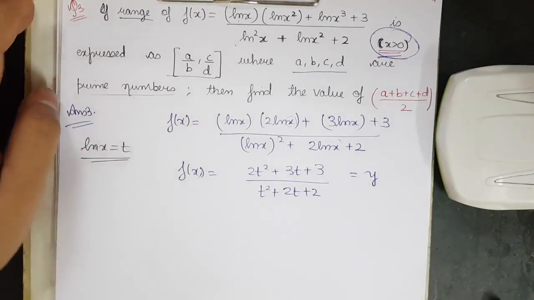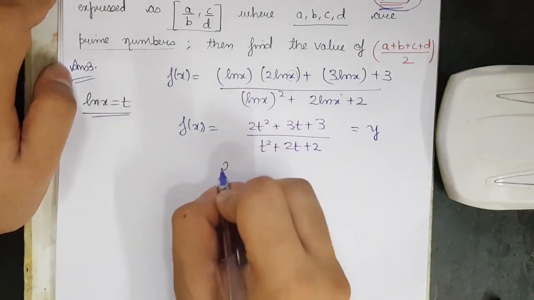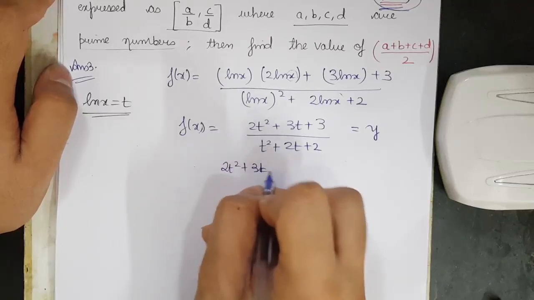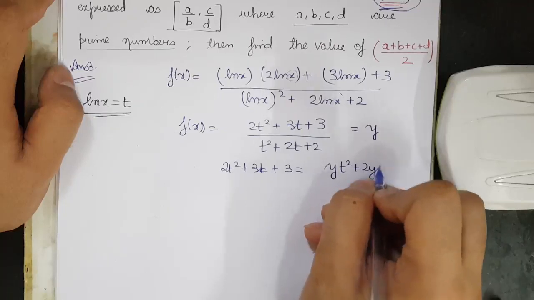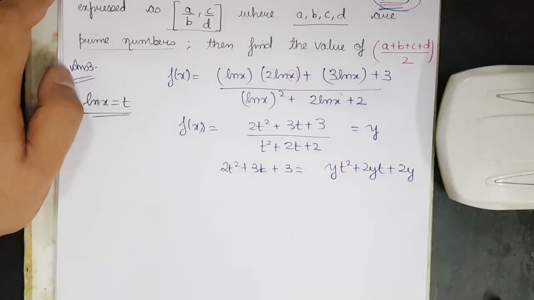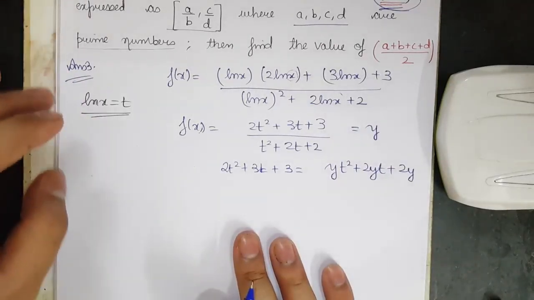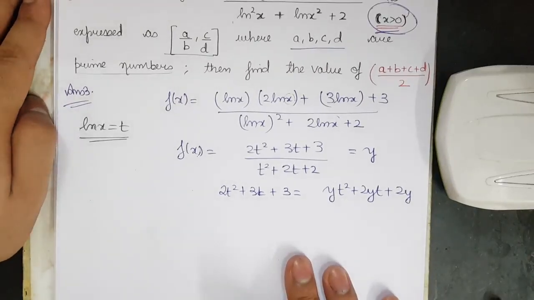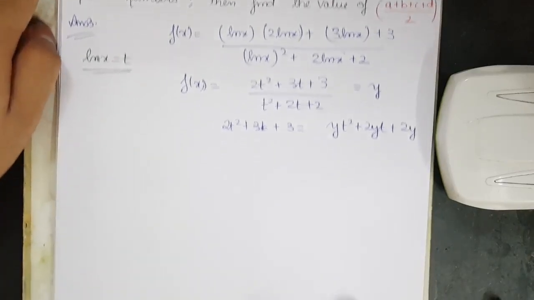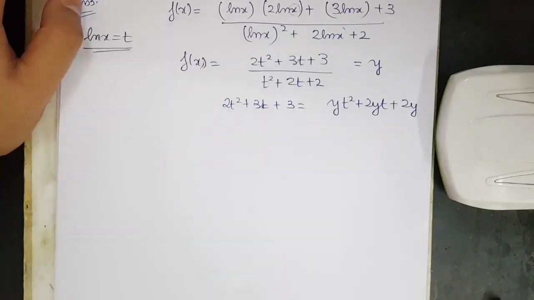Let us deal further. So 2t square plus 3t plus 3 will be equal to yt square plus 2yt plus 2y. Okay. Now this question is very important. We are dealing with log here, we are dealing with functions here, we are dealing with ranges and domains here, and finally we are dealing with the quadratic also.